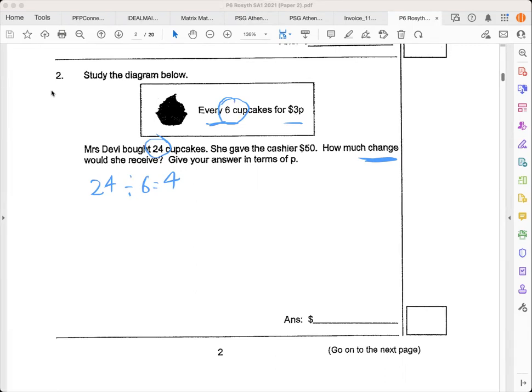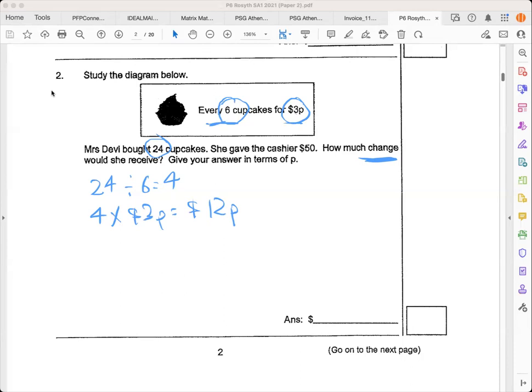Each group of 6 costs $3p. So 4 groups of 6 cost 4 times 3p, and that will give you $12p.